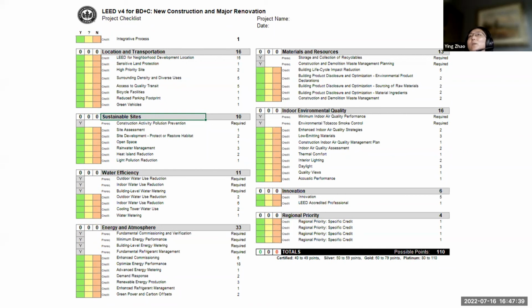There are some strategies you may choose to implement in your project, so you can use this as your framework for your design. It also explains a lot in their online reference guide, how to evaluate that and how to calculate that. There are tools to calculate the performance, for example water savings and things like that, and the resources.